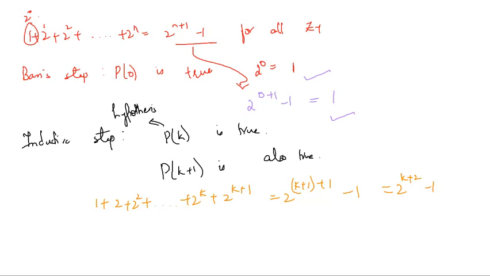Here, assuming the inductive hypothesis P of k is true, we add 2 power k plus 1 on both sides. Or else we can do it this way: 1 plus 2 plus 2 square plus 2 cube and so on up to 2 power k, plus 2 power k plus 1.